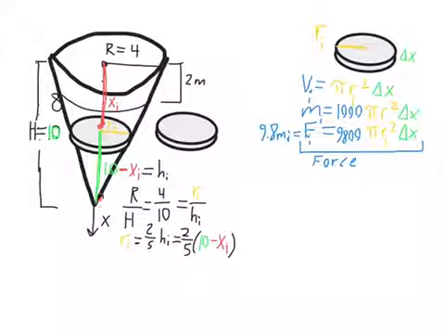And because these are similar, the ratio of heights, the radius of the entire cone over height of the entire cone, that ratio will be the same as the small radius over the small height, the radius of the small cone as compared to the height of the small cone.